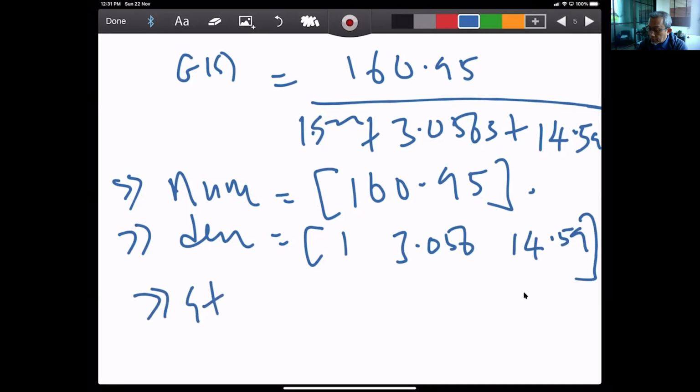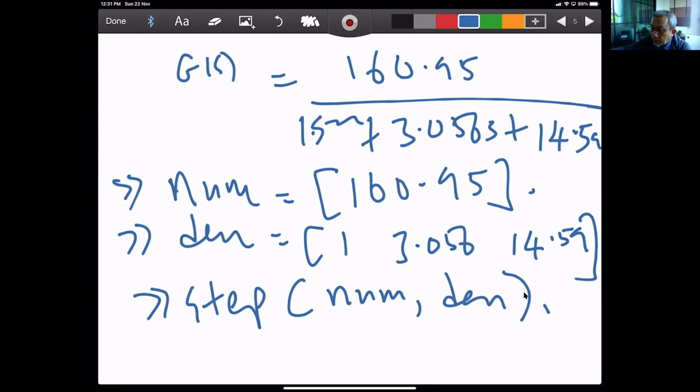Then just call the function step, and you press enter. So once you press enter, you will get the answer.